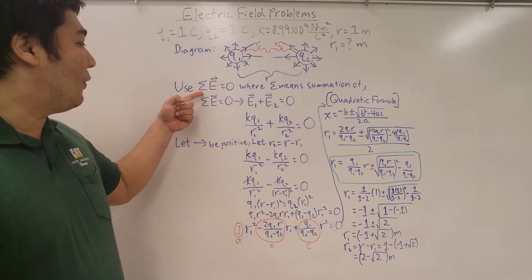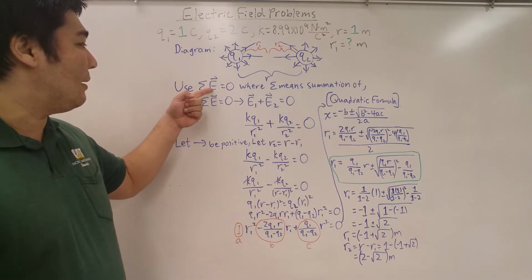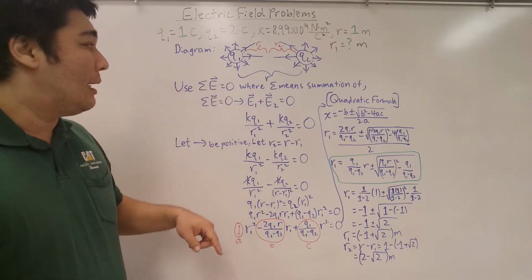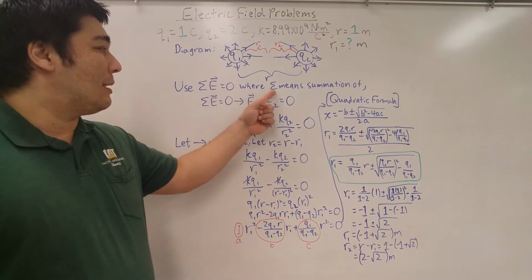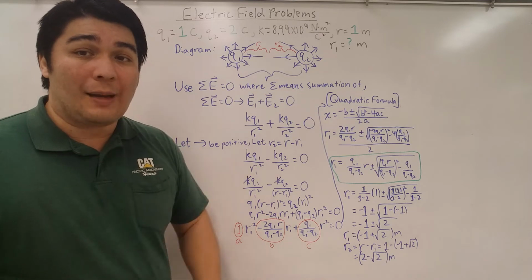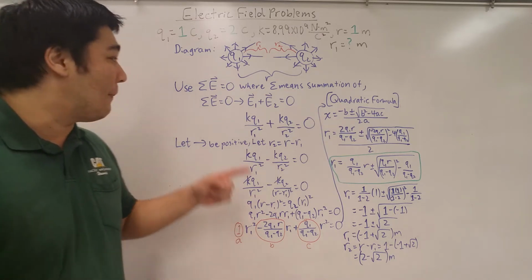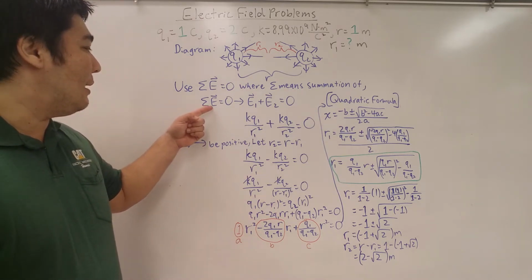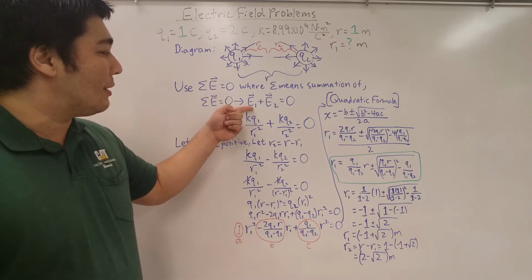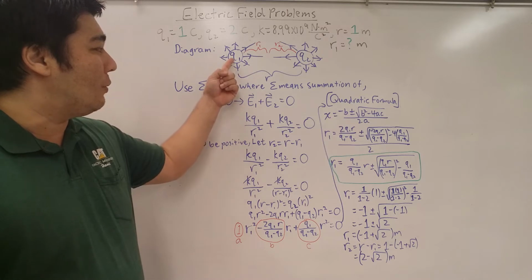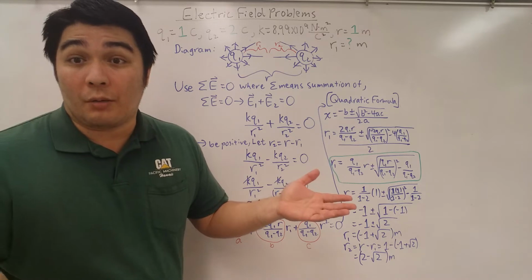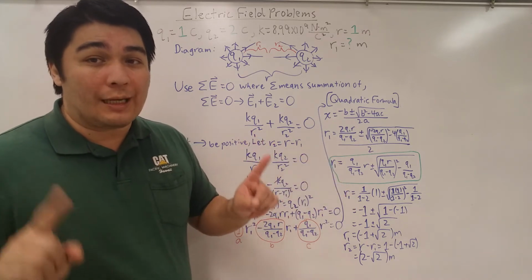I'm going to use this formula, sigma E with a vector notation on top equals 0. This is the Greek letter sigma, and it means summation of. You'll see this in your math classes later on. So the sum of E is equal to 0. This means that the electric field of Q1 plus the electric field of Q2 is 0 somewhere. We don't know where yet, but we're getting there.